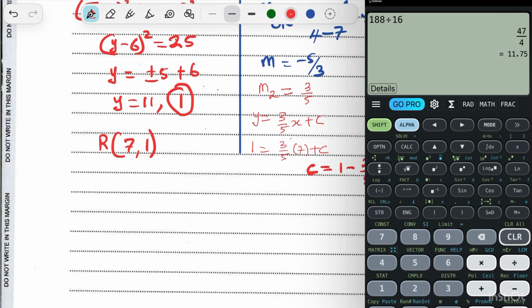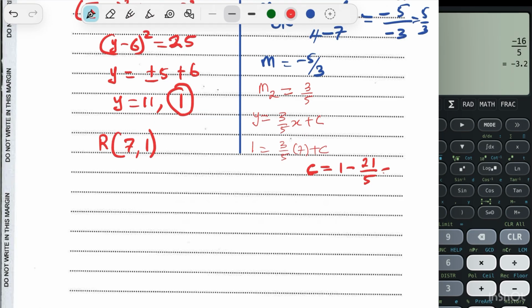So 1 minus 21 over 5 gives me minus 16 over 5. So my equation is y is equal to 3 over 5 x minus 16 over 5. This is my equation of the other line.